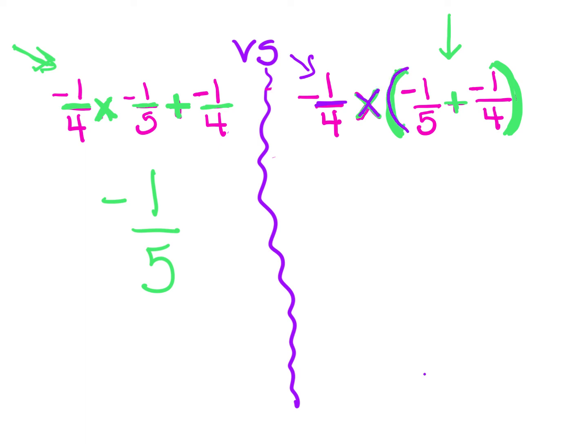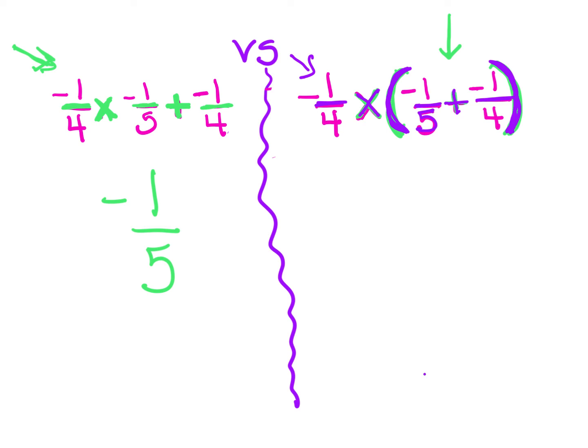Now enter the left parenthesis located above the 8, and then negative 1 ABC 5 plus negative 1 ABC 4, and close with the right parenthesis. Hit equals.